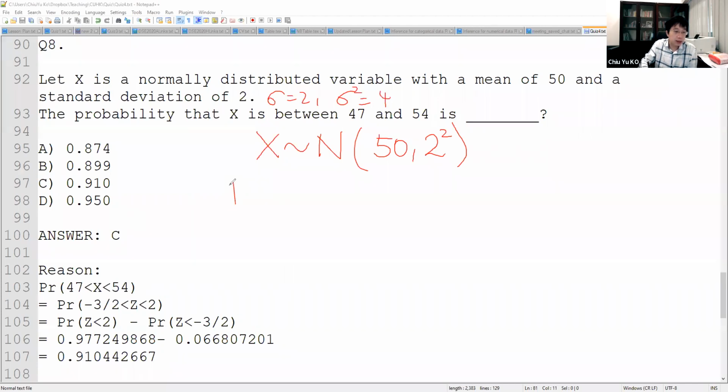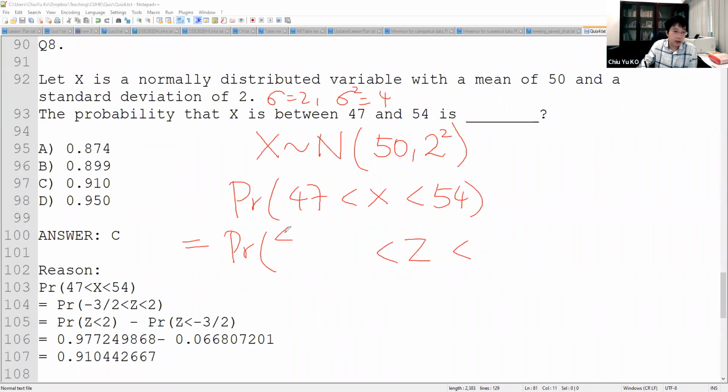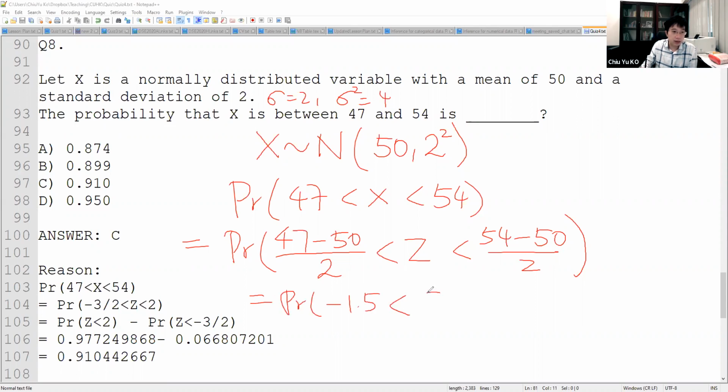And asking the probability that X is between 47 and 54, then what you do is convert it into Z, by subtracting the mean as a first step and dividing by the standard deviation. Negative 3 over 2 is negative 1.5, and 4 over 2 is 2. So this is F(2) minus F(negative 1.5).